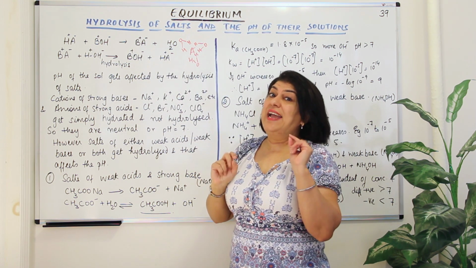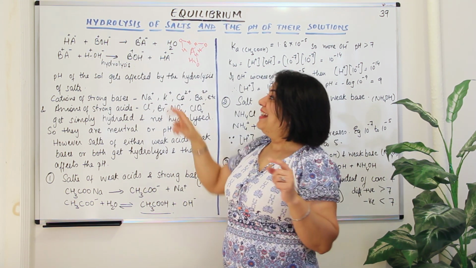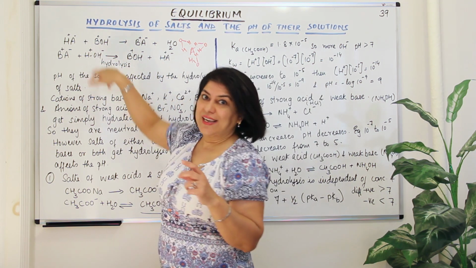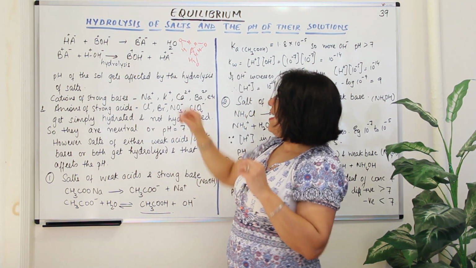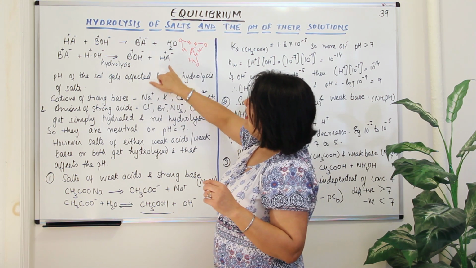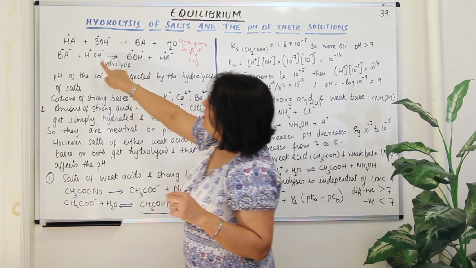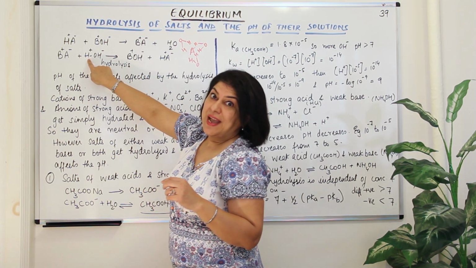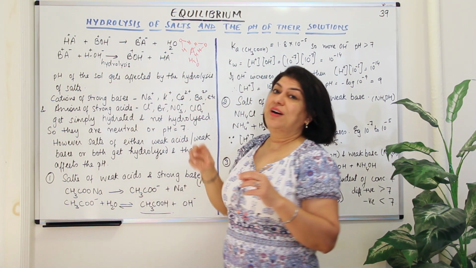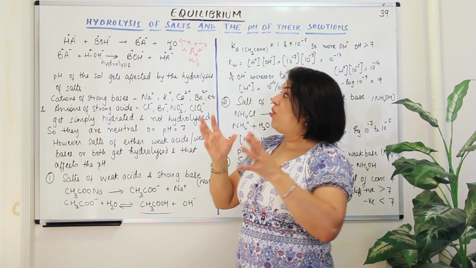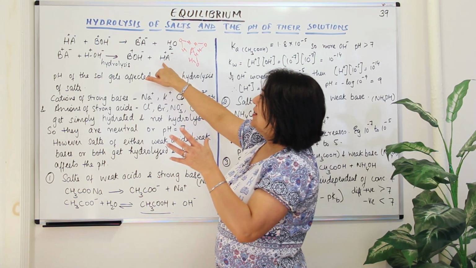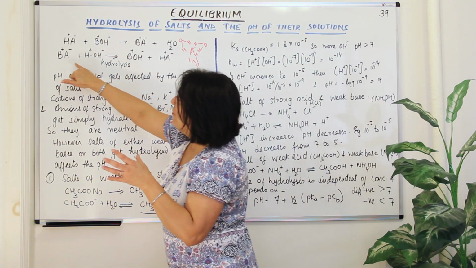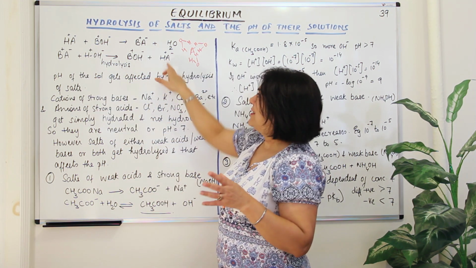But if the anion is weak, then that anion would cause hydrolysis. The anion, that is A negative, would combine with the positive of the water and result in the formation of the original acid, that is HA.